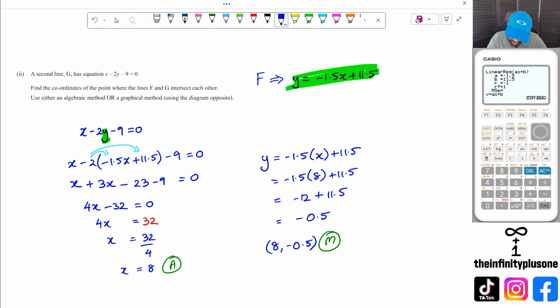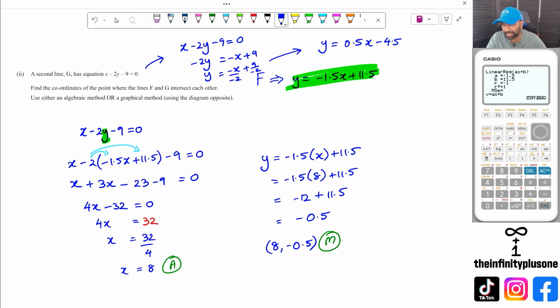Now to draw the line, you'd write x minus 2y minus 9 equals 0. And then negative 2y equals negative x plus 9. y is equal to negative x over negative 2 plus 9 over negative 2, which means the equation is going to look like this: positive 0.5x minus 4.5.